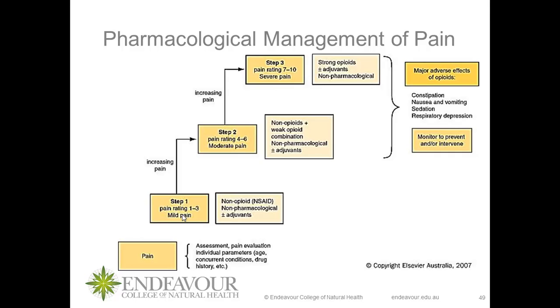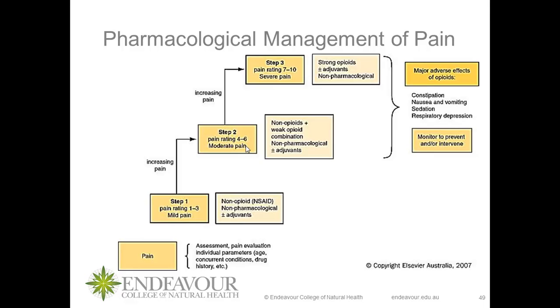At that level, if the pain is not controlled or the person is rating it higher, increasing pain will step up the management plan. When they start rating it at about 4 to 6, we'll now say this is a moderate pain.